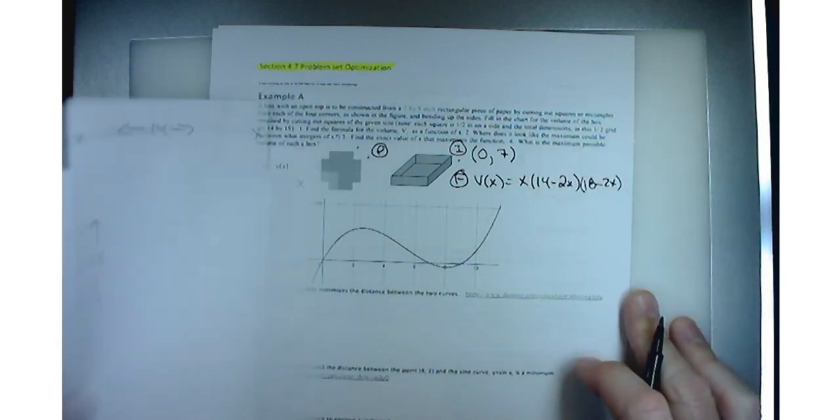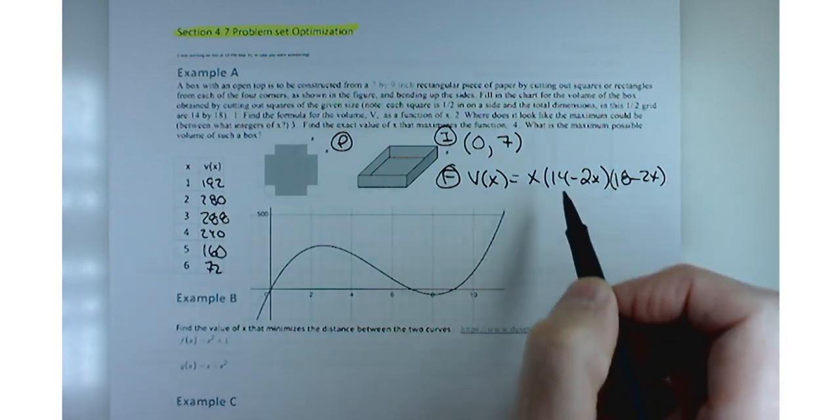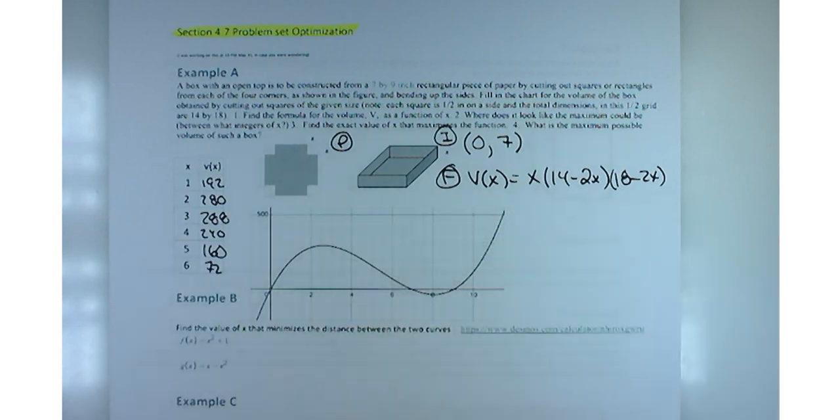And that's your formula. So that's the one that we're going to try and optimize. Now, in this particular example, we want to try and find the point that maximizes this volume. So that's where the calculus part comes in. But are we okay with the setup?